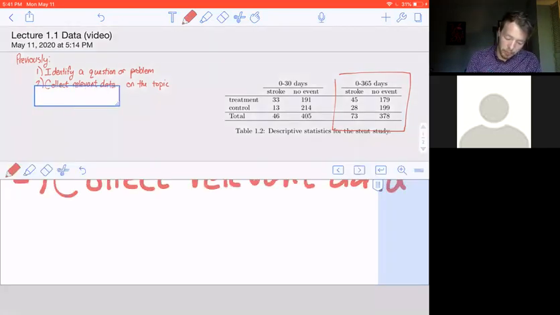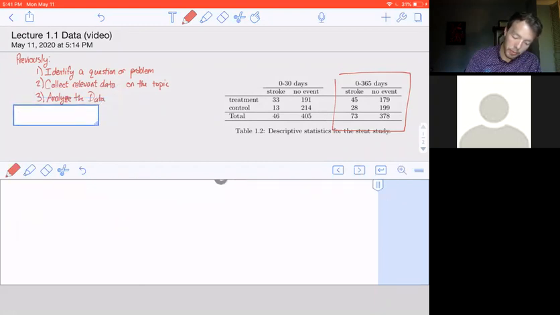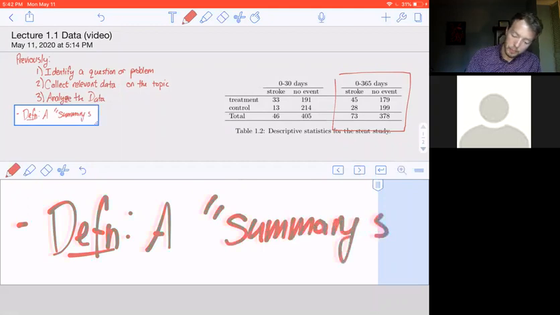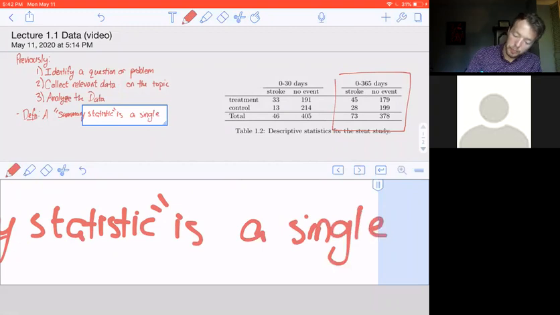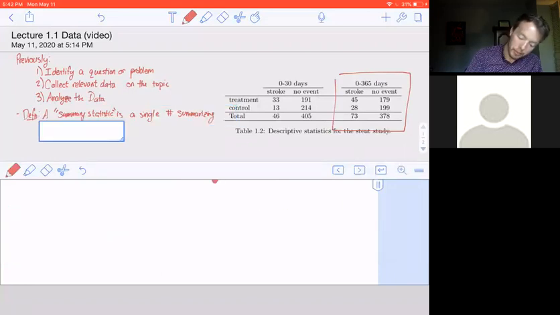So the third step of our statistical process is analyze the data. And we are going to start with a definition. A summary statistic is a single number summarizing a large amount of data.